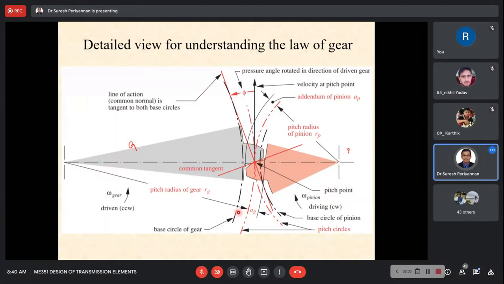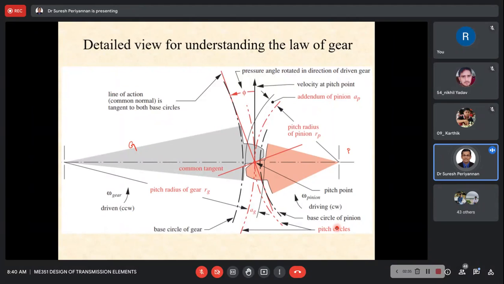Now, the same line we can draw such that this is the circle called the base circle of the gear, and this is the base circle of the pinion. These are identifications we should know while designing gears. Now, what is the pitch circle? The circles of the gear and pinion pass through a common point.